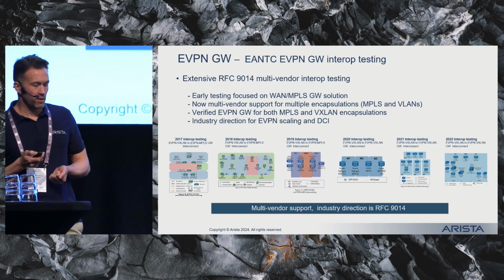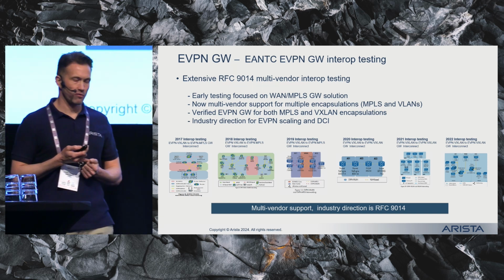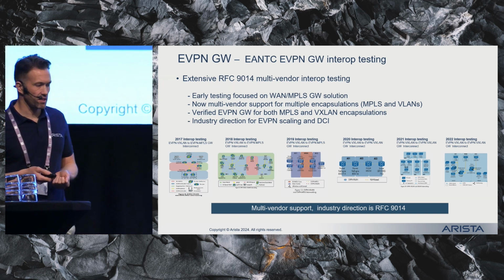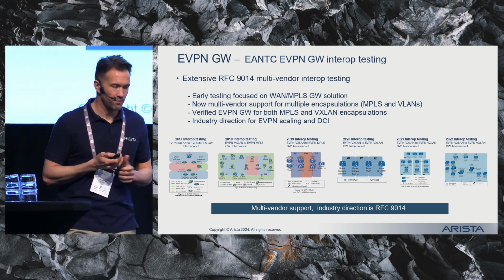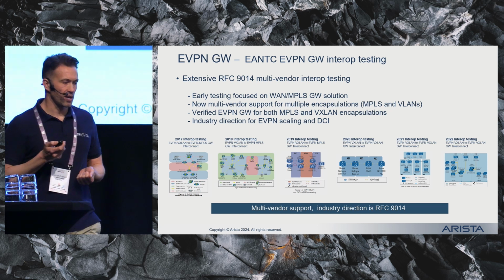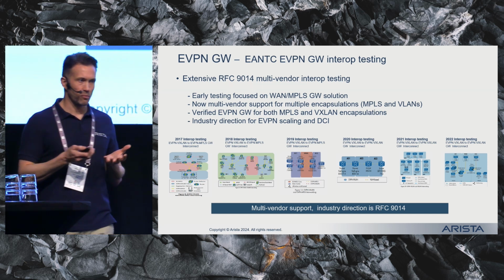And looking at what is hot at these EANTC testings, it's definitely EVPN gateway functionality. So this has been tested all the way from at least 2016-17, and it's continued to be of great interest in both 23 and 24. And when you think about it, gateway functions is where interop is really most needed.